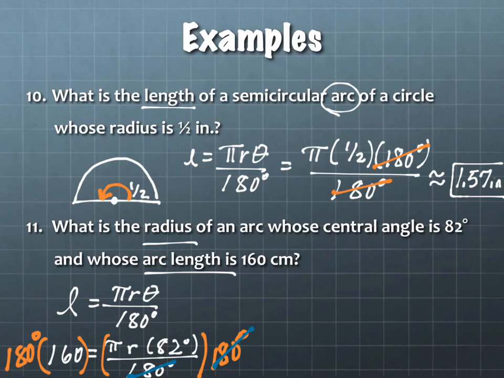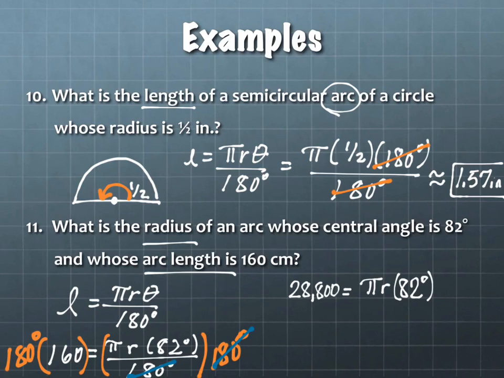What's 180 times 160? It's big, right? 28,800. And this equals pi r 82 degrees.